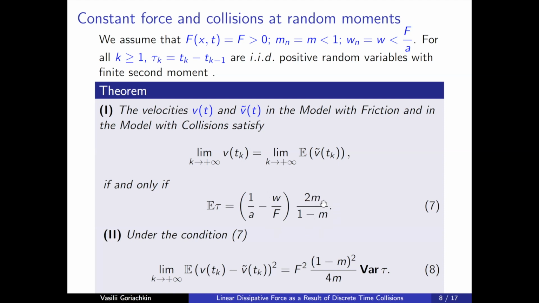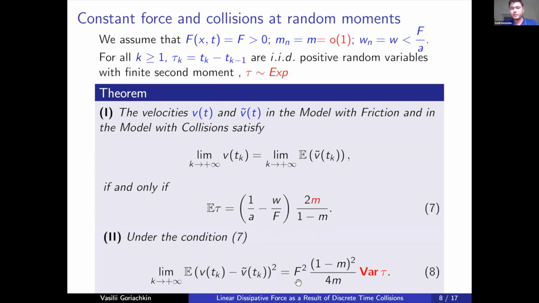If m is small, then this is small, so we have an exponentially distributed random variable with a small mean value. The variance will be even smaller, of order m squared for the exponential. So for the exponential, if we take really small m, everything will be okay.